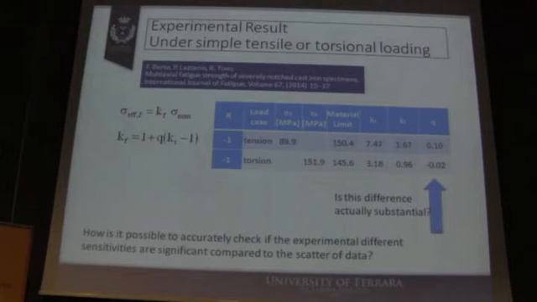In this case, the strength of the notched specimen under torsion is even a little bit higher than the parent material. But this is not the only case given in the literature. So, is it possible to check if these experimental different sensitivities are significant?